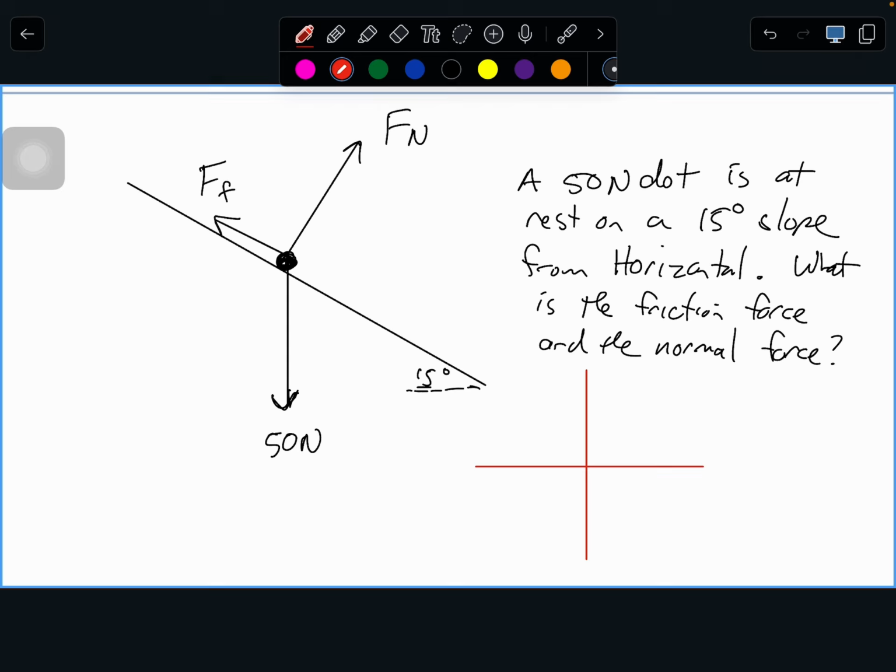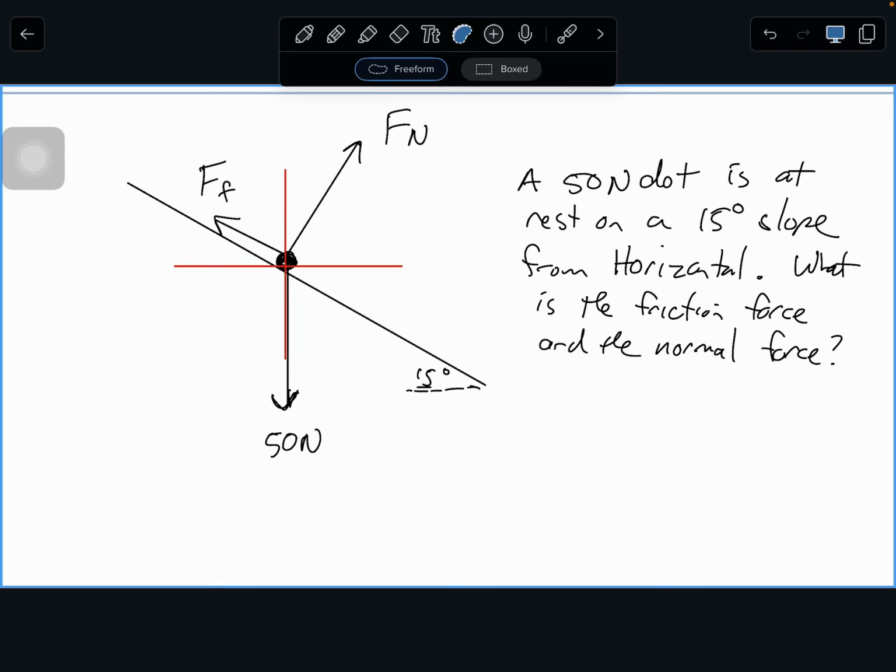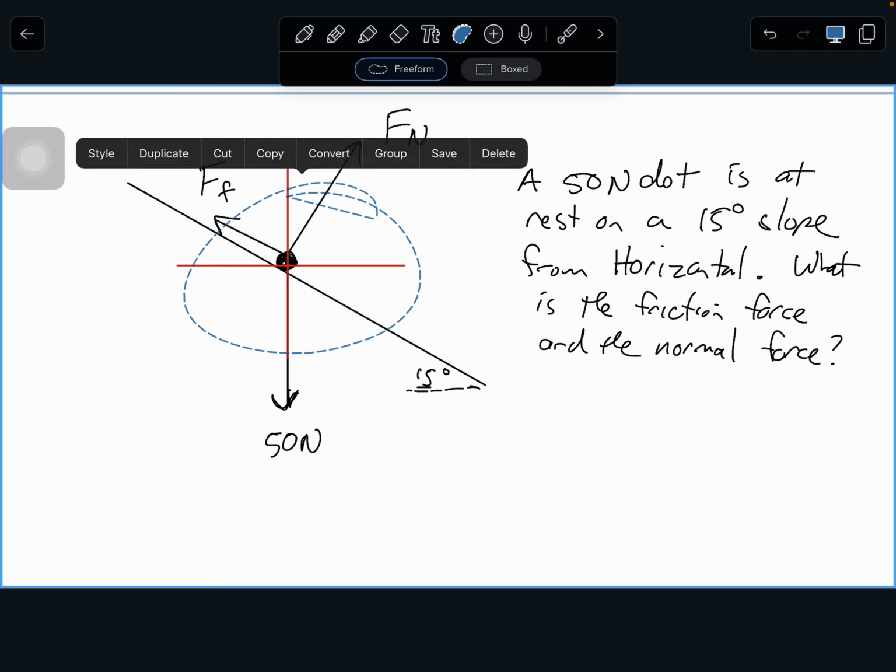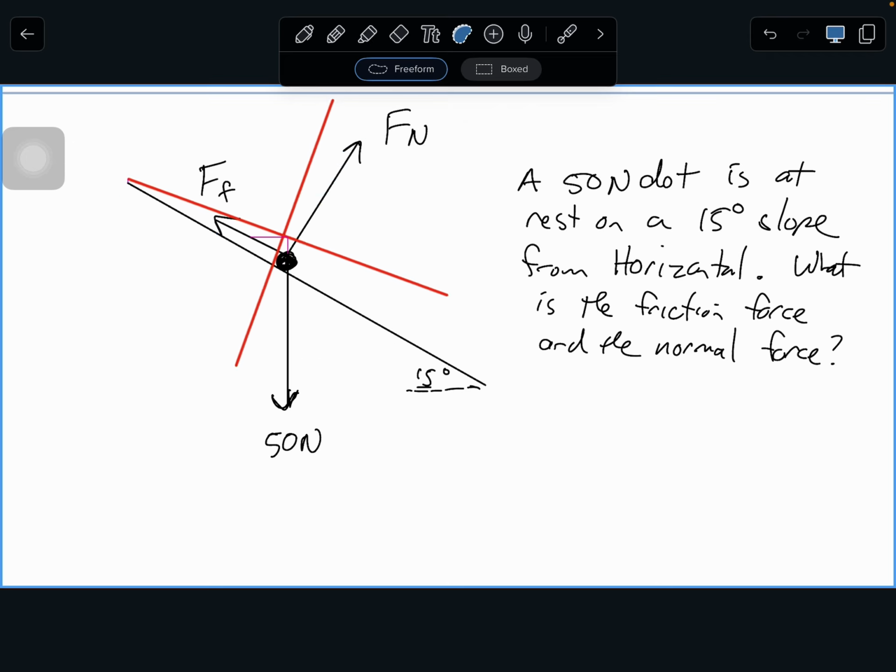There's my xy axis. Now, you know what I'm going to do with this xy axis? I'm going to take it and I'm going to twist it. Boom.